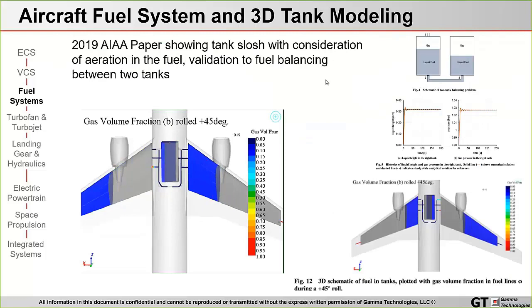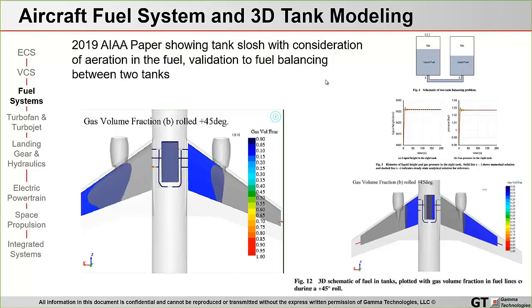In terms of detailed 3D tank modeling, there is the ability to take the original 3D CAD and then simulate to find the free surface fill level of a tank at any given arbitrary orientation.